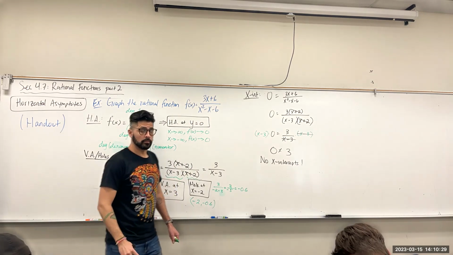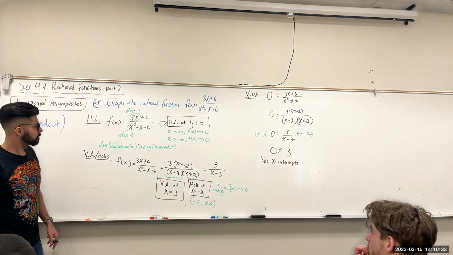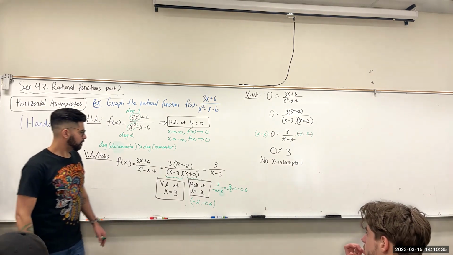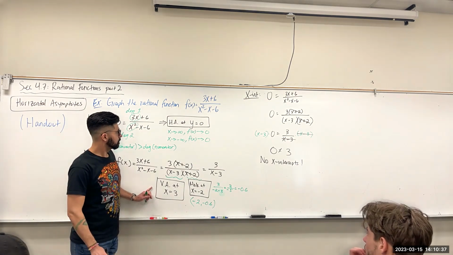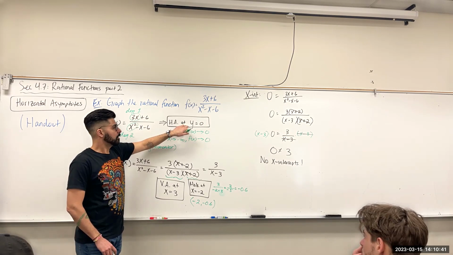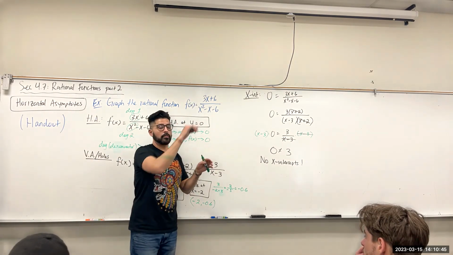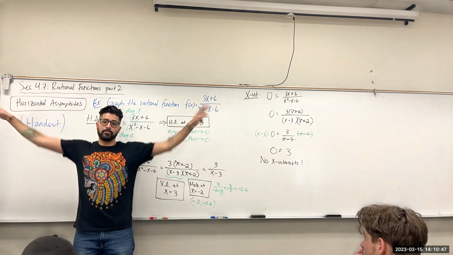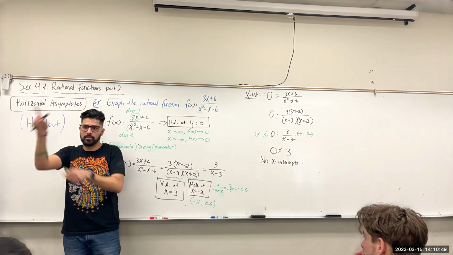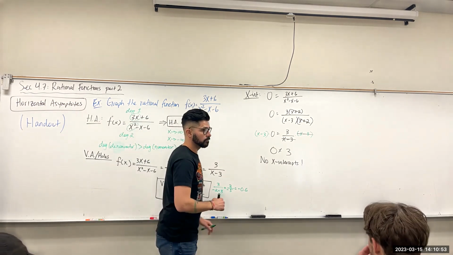Don't we know that already from the beginning, though? The horizontal asymptote is y equals 0. Yeah, so there's no point in doing the x-intercept. Well, remember, we don't know, the graph can do some funky crossing. This just tells you what happens at the ends of the tails, but not what happens in the center of the graph.